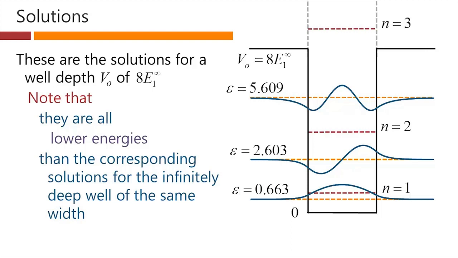And the reason for that is that they are less curved. So in the original potential well with infinite depth, I had to fit an entire half period of a sinusoidal wave in here. You'll see I'm not fitting an entire half period of a correspondingly sinusoidal or cosinusoidal wave here. This wave is not as curved, and so it has less kinetic energy, and the same thing is true for the other ones.